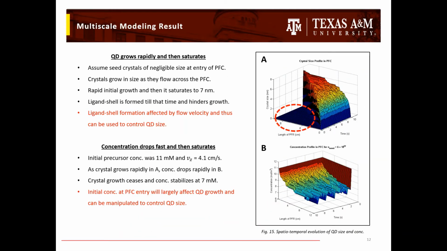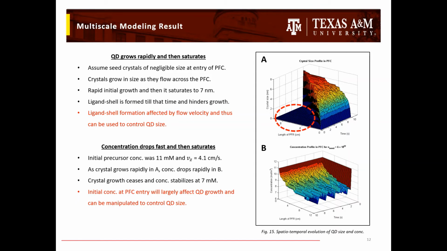With this, you can plot a 3D curve of quantum dot size or crystal size in space and time, in this case, throughout the length of the crystallizer and throughout the time. You can see that initially the crystal size is very small, and then it rapidly grows, and then it eventually saturates to a certain size, which is very similar to what you see on the previous slide.